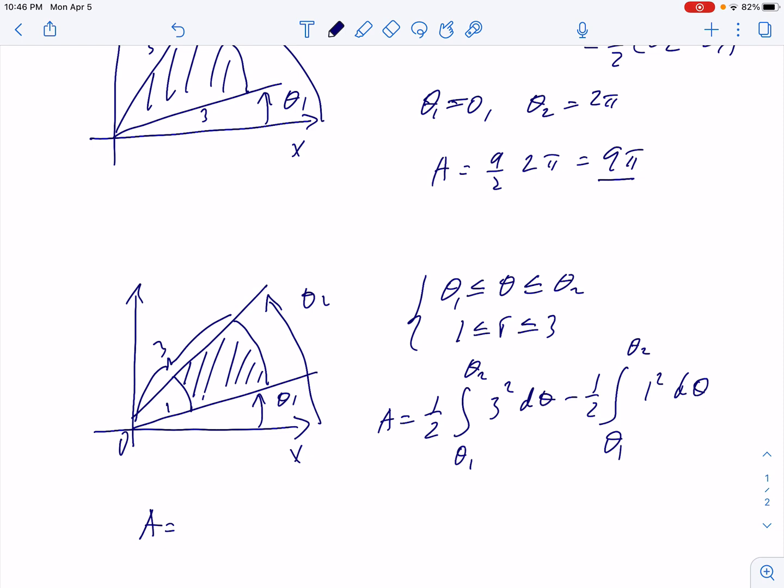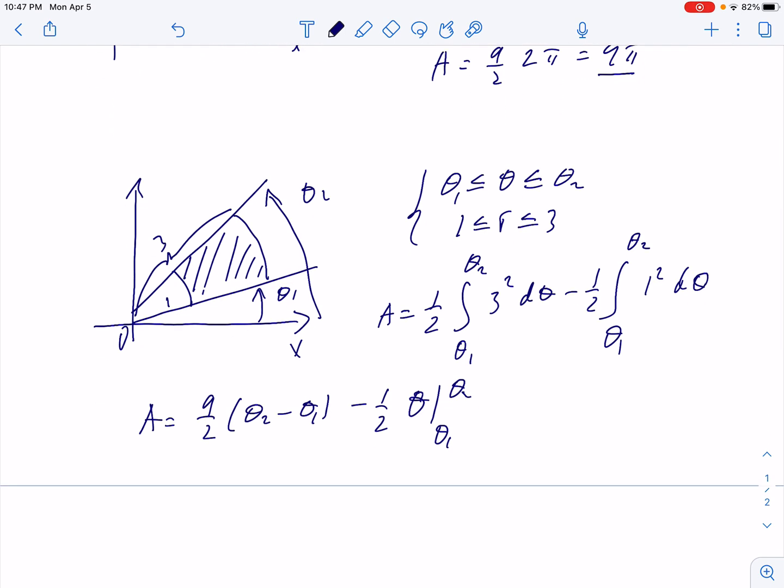This will be 9/2 theta 2 minus theta 1, and then minus 1/2 theta between theta 1 and theta 2.